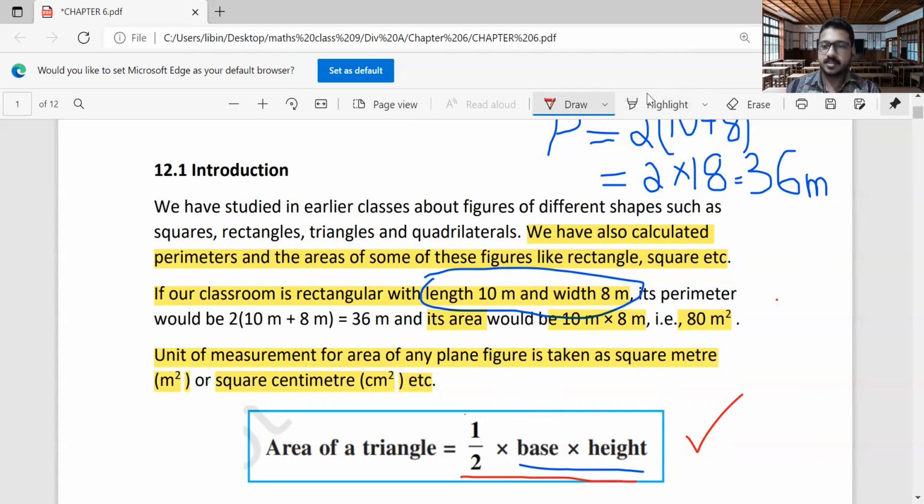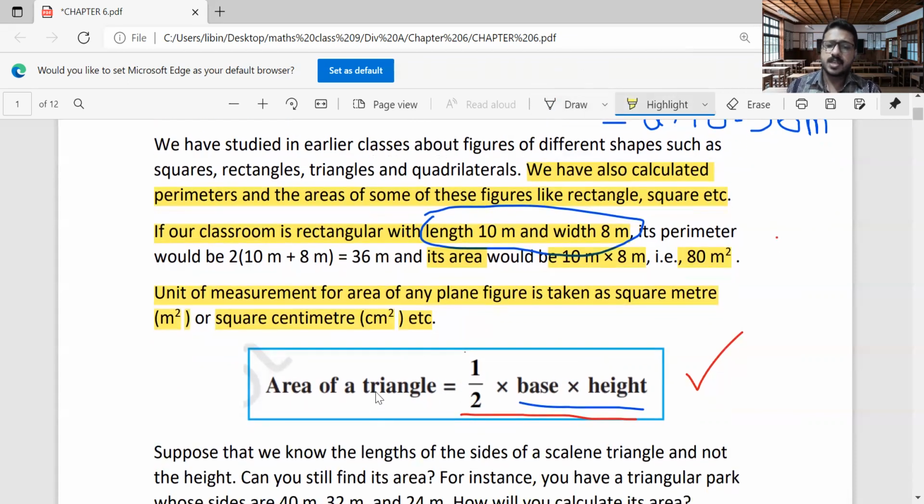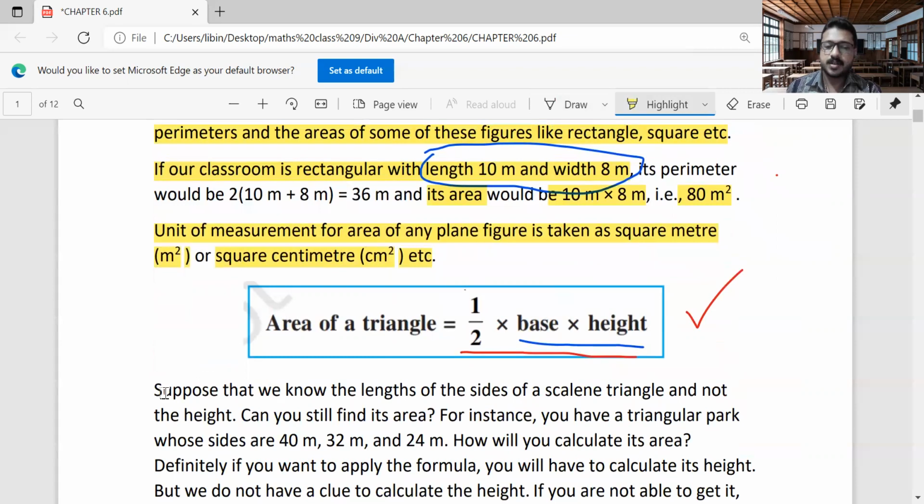That's about the area of a triangle. Now suppose we know the lengths of the sides of a scalene triangle, but not the height. Remember, the height is not known.